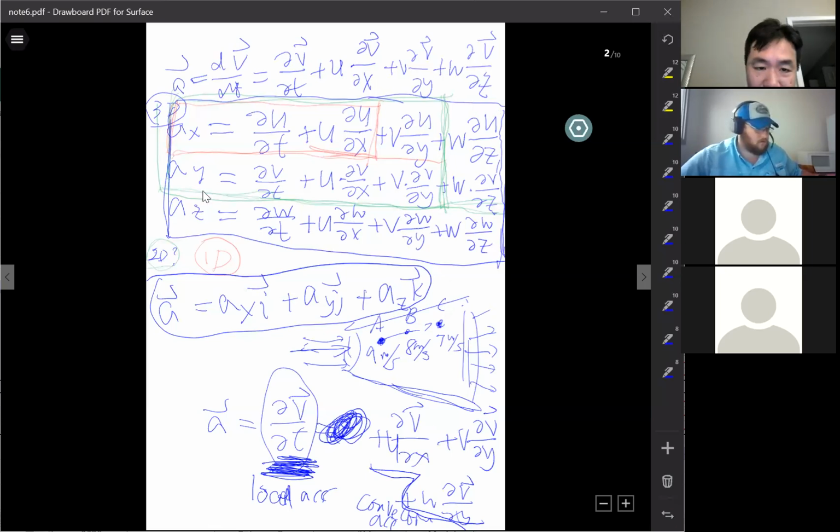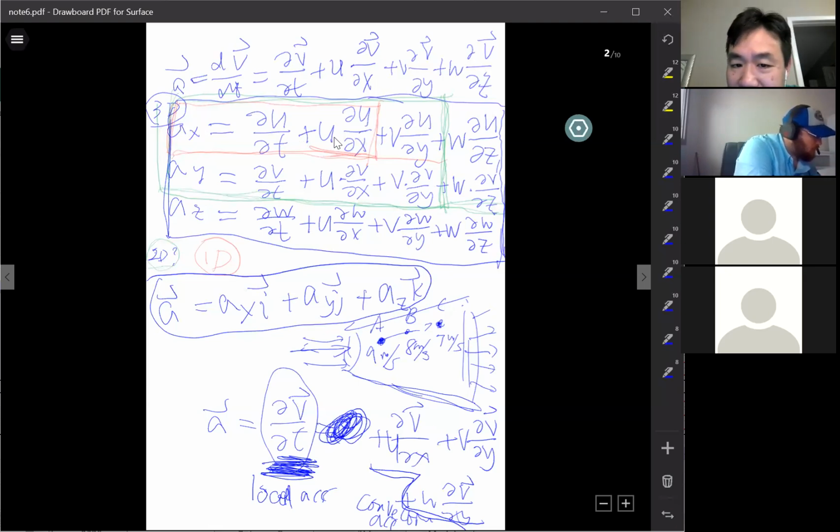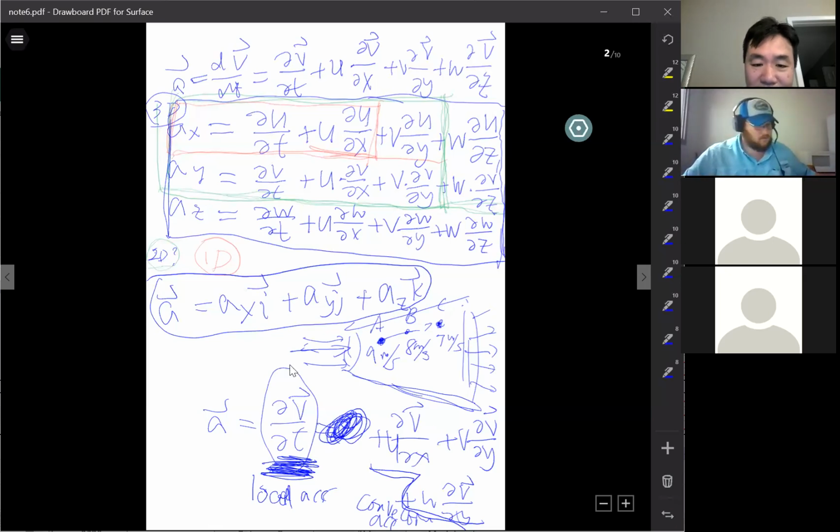For 2D, the smaller green box, you have two components, ax and ay, so the equations are shorter. For 1D, even shorter, you have only one component, ax, and only two terms there. Last time we also mentioned why the acceleration has the complicated form with four terms. Basically, the first term is the local acceleration, and the rest of the terms are the convective acceleration.